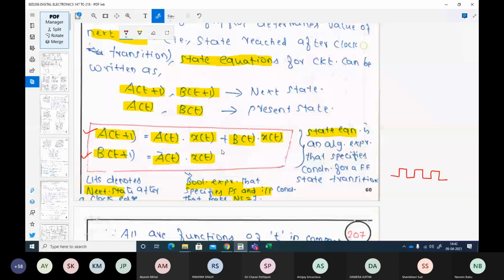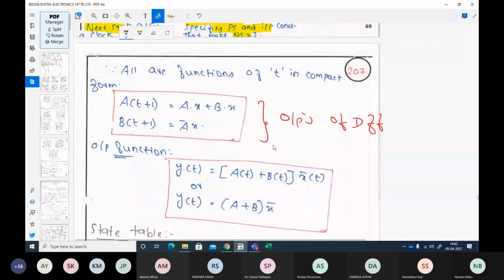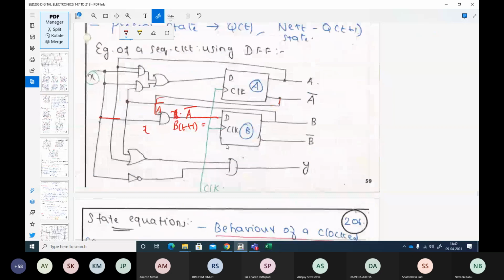Now how do you write the output equation? In a similar manner. Output here is AND of something, and it is NOT of what? This is x here, it is x bar. So I have an AND of x bar, and this is an OR operation. What is this particular line? This particular line goes from here.